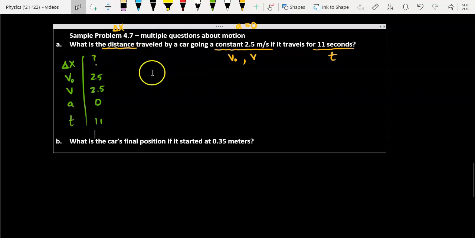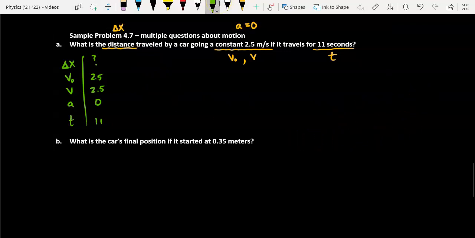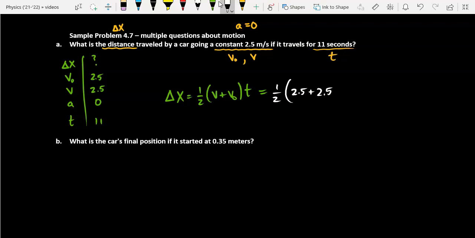And what ends up being probably the easiest equation for us to use is the one that we used last time: displacement equals 1/2 (V plus V naught) times t, right? So we just plug and chug in here: 1/2 times (2.5 plus 2.5) meters per second times 11 seconds.